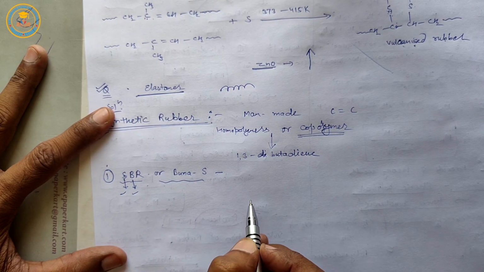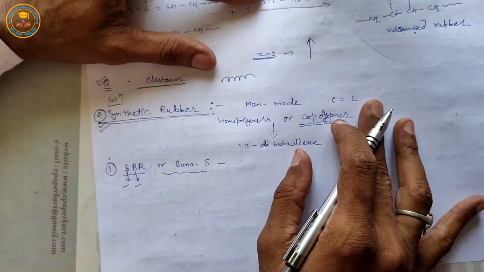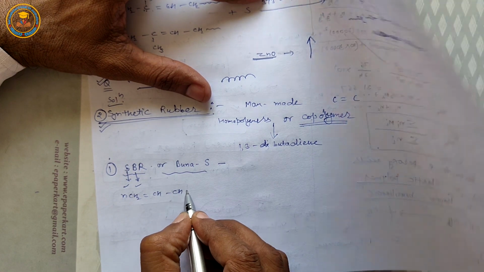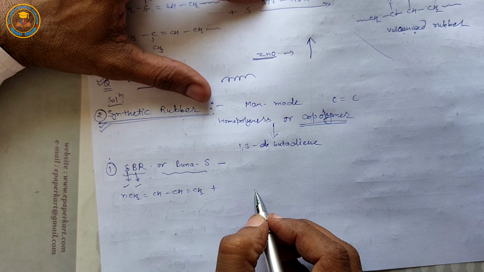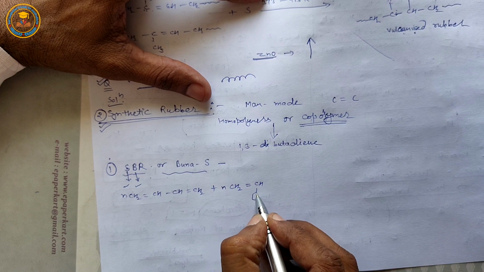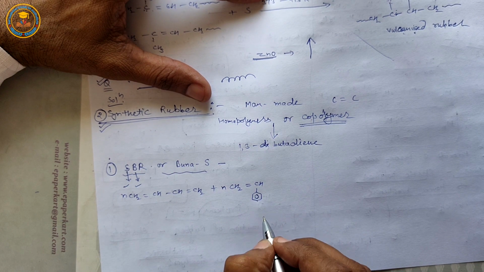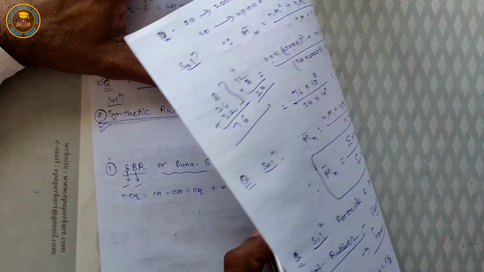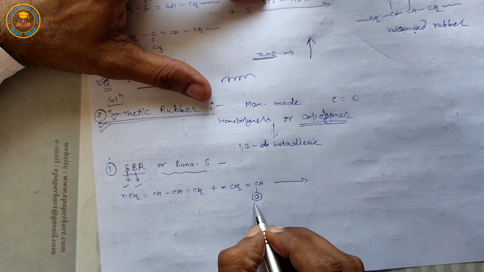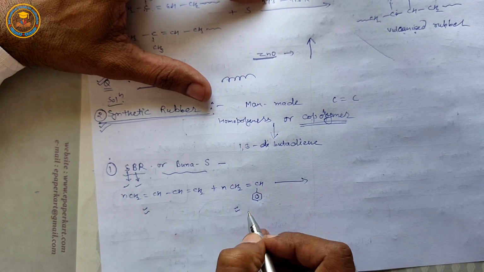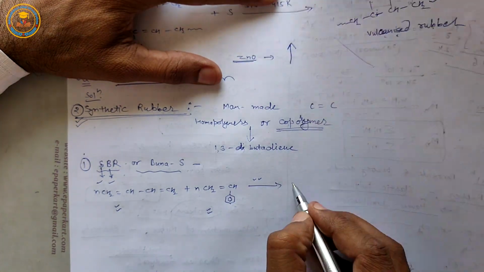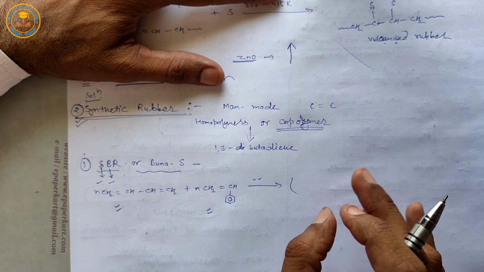Very simple. So this is 1,3-butadiene, and this is a unit of styrene. In the styrene molecule, one phenyl group is attached to a vinylic group, so it is known as styrene. After copolymerization, Buna-S is obtained.